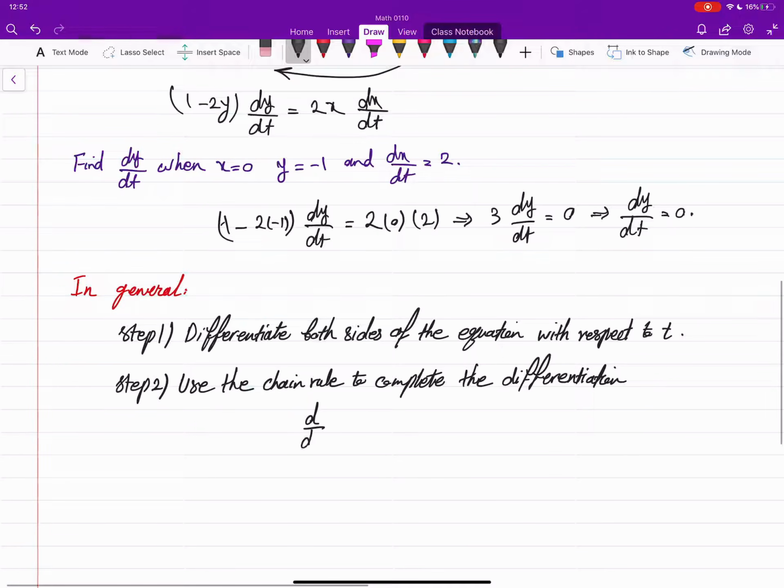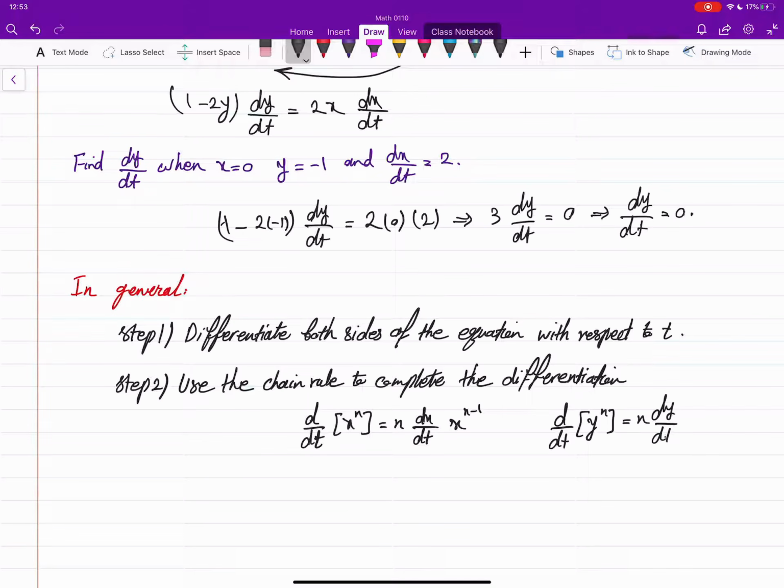In other words, if you have x to the power n, this will be n dx dt, x to the power n minus 1. And if you have d dt of y^n, this will be n dy dt y to the power n minus 1. And then when you do this thing, you will get an equation.